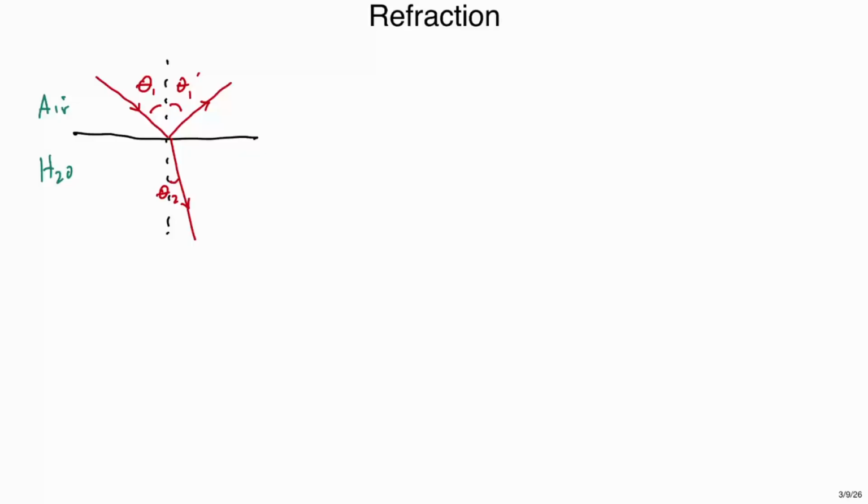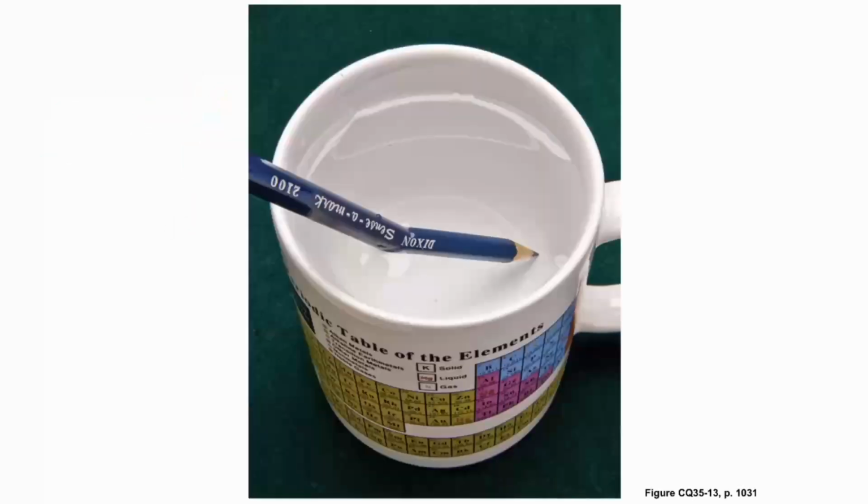We're going to cheat that one just a little bit. This slowing down causes the direction of the wave to change. So refraction is the changing of the direction of a light wave when it passes into a different material. You've experienced this when, like, if you've ever taken, I'm going to guess most of you don't put pencils in your teacups, right? Okay, but you might have seen this with a spoon.